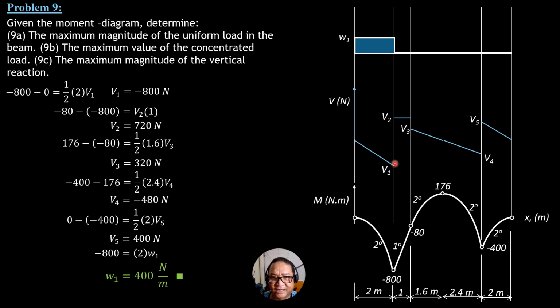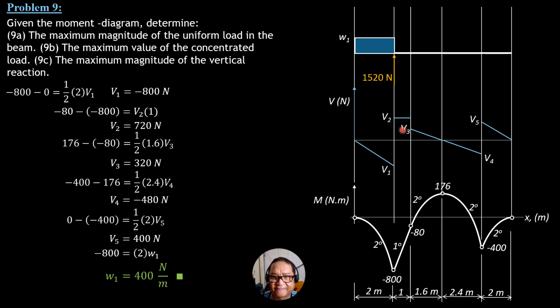So therefore, we have an upward reaction here, V2 minus V1. So V2 is 720, then minus V1, which is negative 800. So 720 minus negative 800 is equal to 1,520 upward. So that's 1,520 newtons upward.